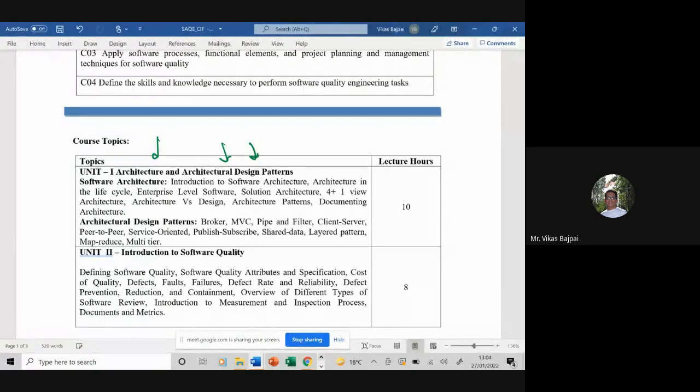Any idea about architectural design patterns? Okay, any idea about design patterns? See, there are two things. One is architectural design pattern, another one is software design pattern, right? From the term itself, you might have got some idea that this is dealing with patterns.